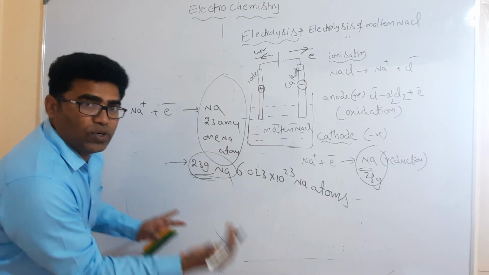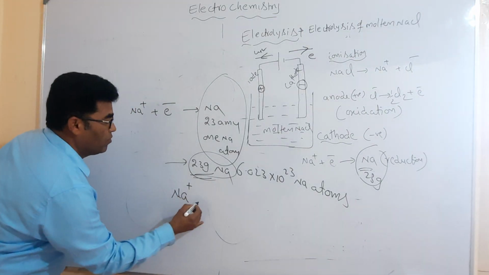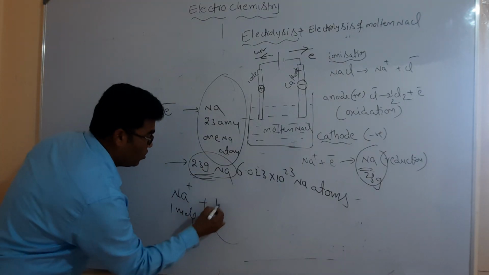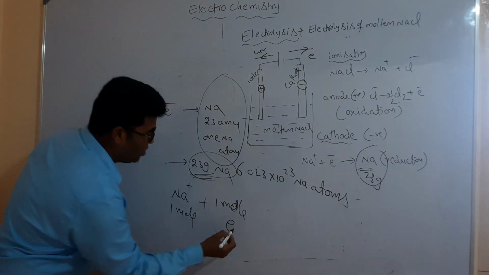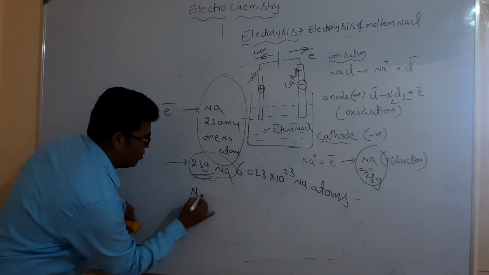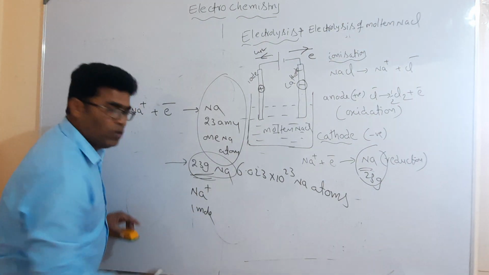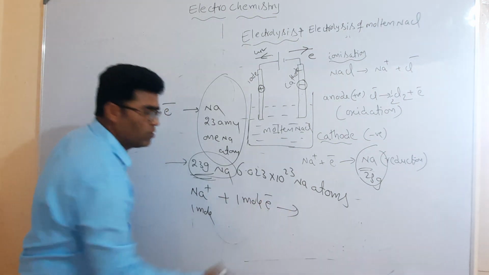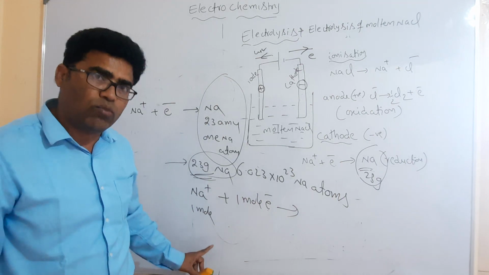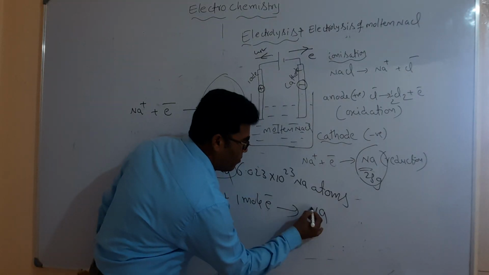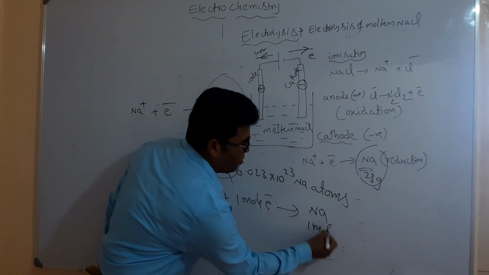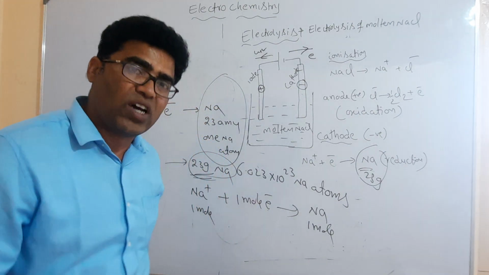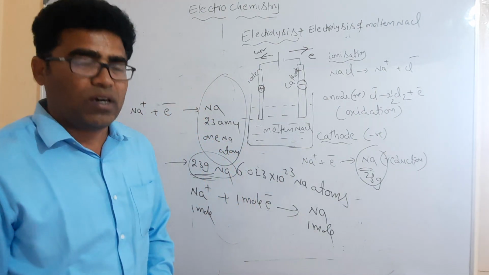So for the deposition of 23 gram of sodium, if 1 mole sodium ions gains 1 mole electrons, then 1 mole sodium is formed. 1 mole electrons charge means 96,500 coulombs, or otherwise 1 Faraday.